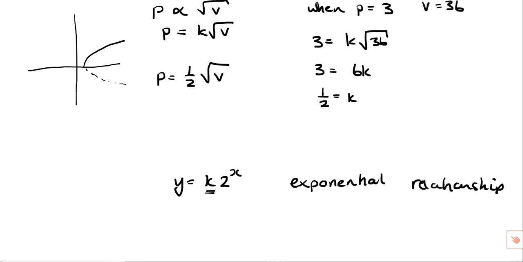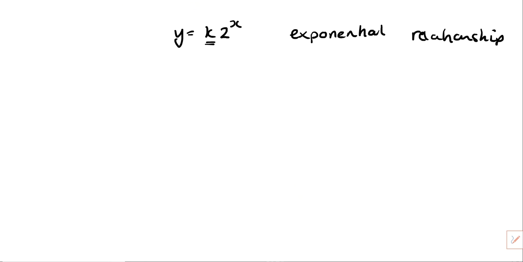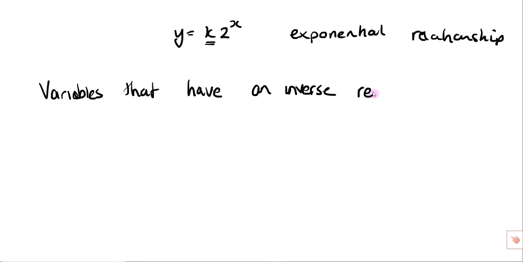But what I want to move on with then is inverse variation. We say variables that have an inverse relationship.